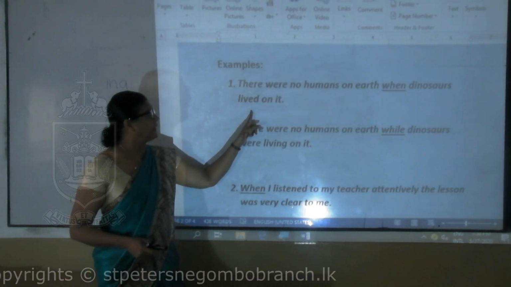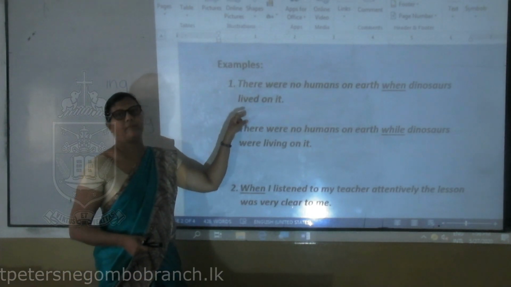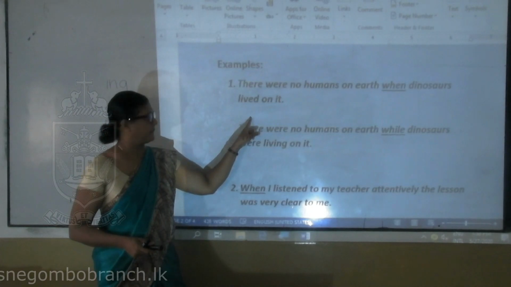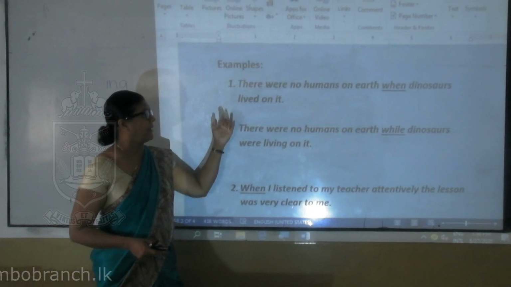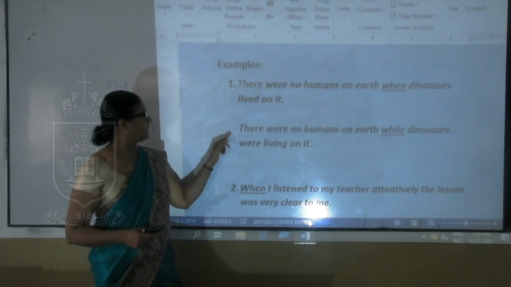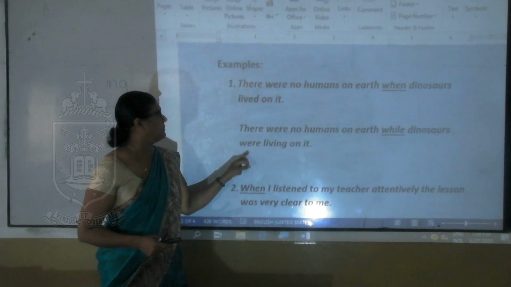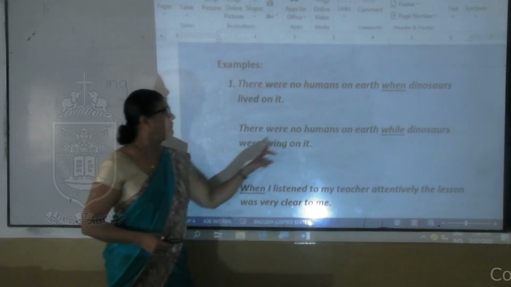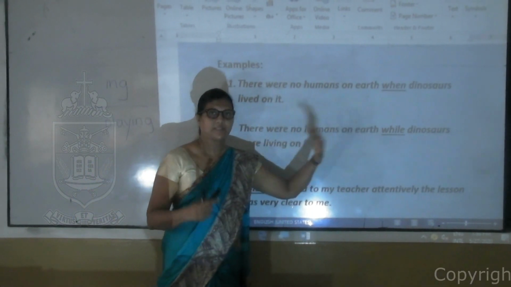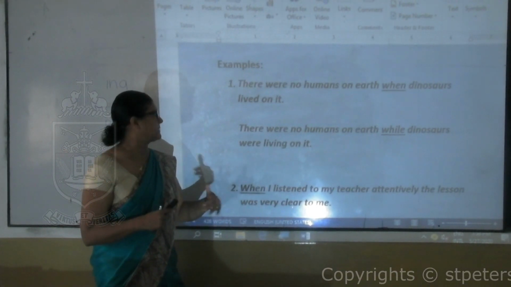So children, these two ideas you can combine with when. They are the same idea but in a slightly different way. There were no humans on Earth while dinosaurs were living on it. When we use while for the same idea, we have to change the tense like this.